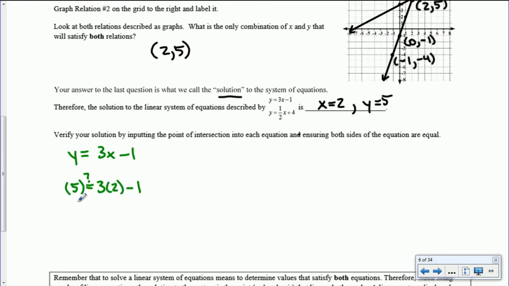Okay, so that's 5. 3 times 2 is 6, minus 1. So does 5 equal 5? Yes, it does. So that one works.